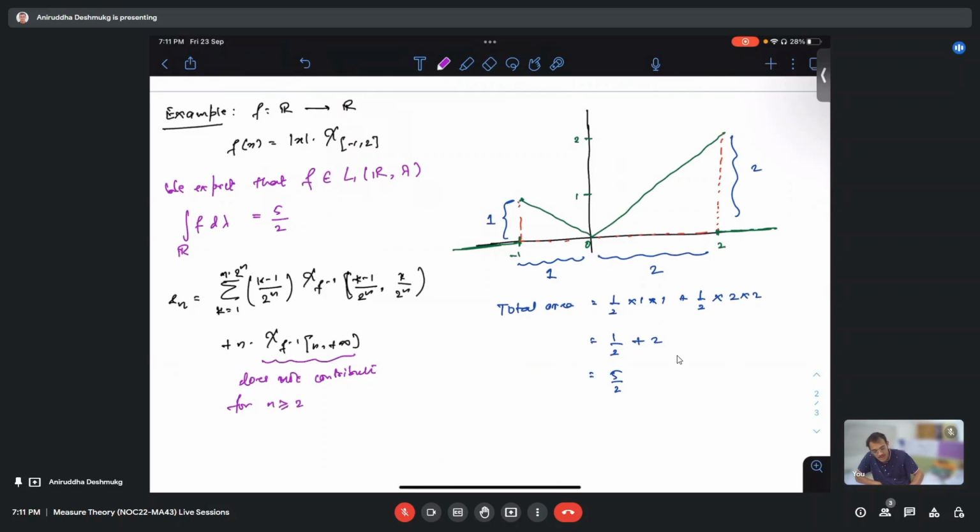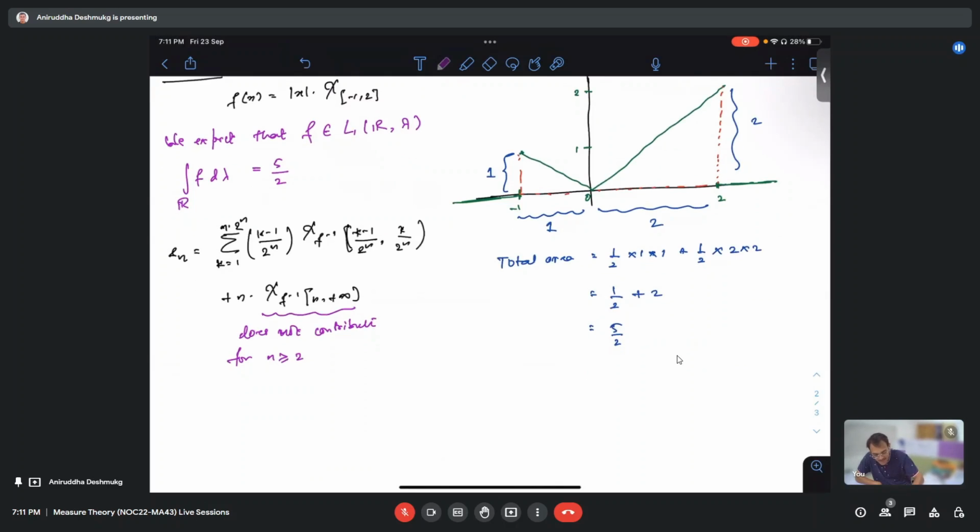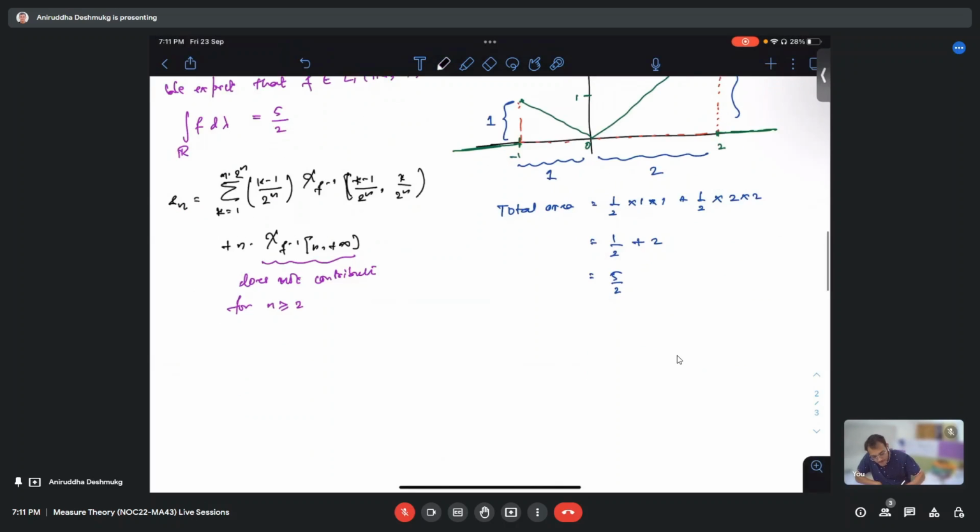Let us see what happens. First, let us see what happens when n is equal to 2. For n equal to 2, f inverse of [2, plus infinity) is the collection of all real numbers x such that mod x into chi of minus 1 to 2 of x is bigger than or equal to 2.